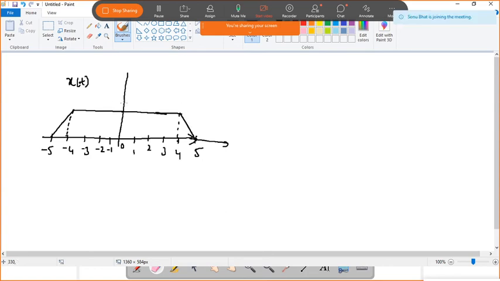The amplitude value here is 1. So this is your x of t which is given.